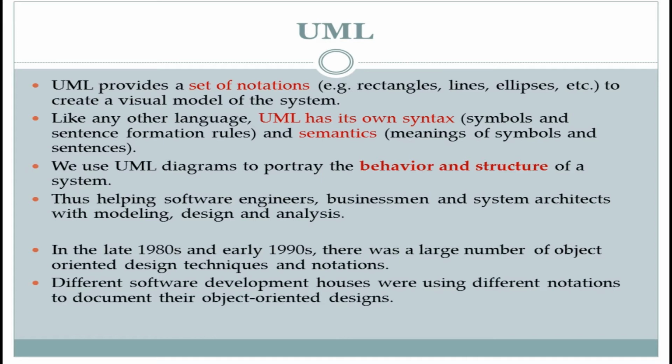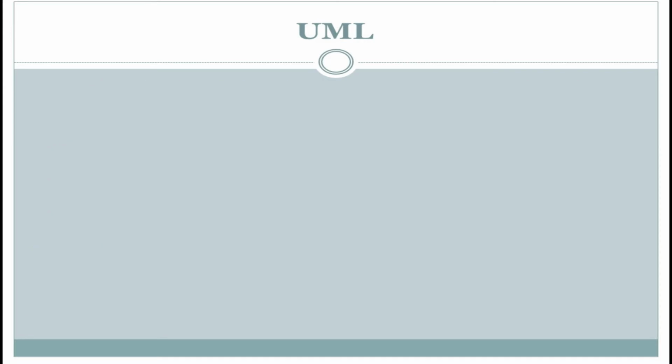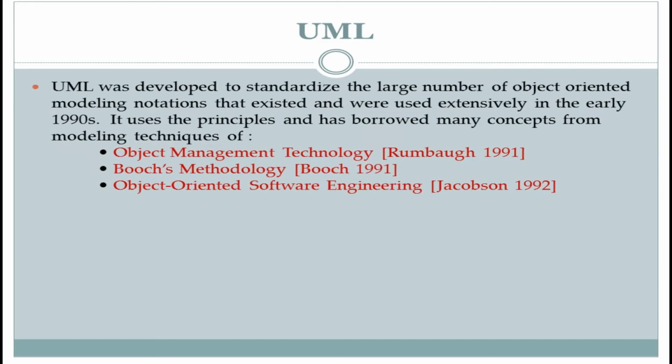Different software development houses were using different notations to document their object-oriented design, and this diverse notation gave rise to a lot of confusion in software development. To overcome that problem, UML was developed to standardize the large number of object-oriented modeling notations that existed and were extensively used in the early 1990s.